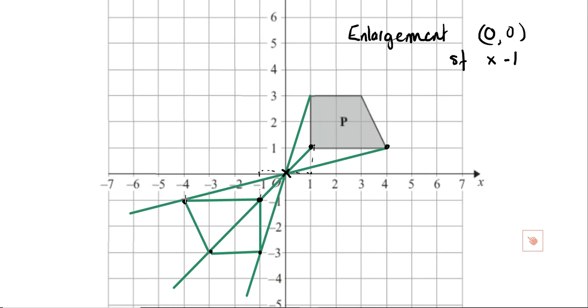Rotation of how far? 180. But if I did a scale factor of -2, this would actually not be the same, because this point would be further away, so it wouldn't be a proper rotation, and it'd be bigger. So if I did -2, this point would actually be here.